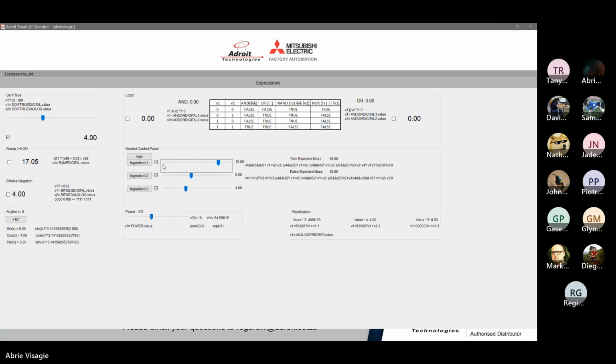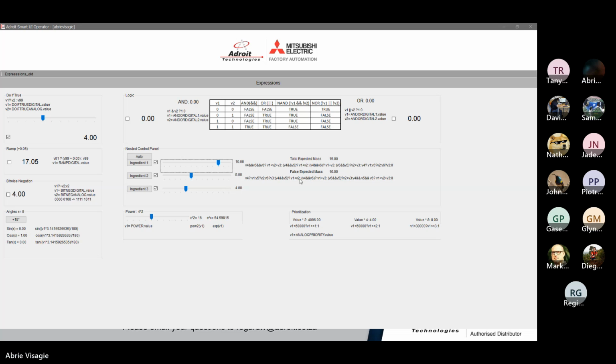So if we were to say we want values from all 3 tanks to be considered, we would calculate that we would have 19 kilograms or units of mass expected in the final container.